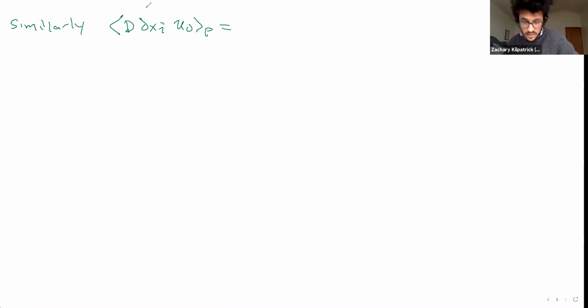So the only thing that depends on y is going to be d. So then again, we get this average over the cell, d average over the cell, omega p, and we just pull out the dxi term, okay?